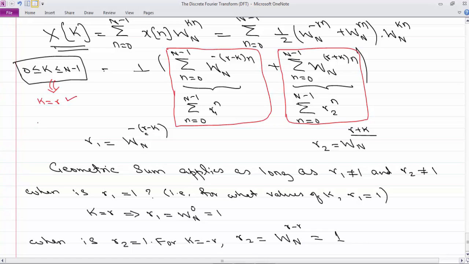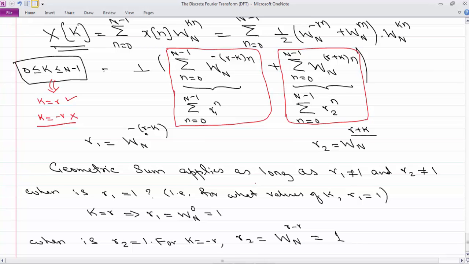So this is a fine condition. What about the k equals minus R condition? Does it fall in the 0 to N minus 1 range? No, because R is itself a positive number. So k equals minus R is not in the right range.